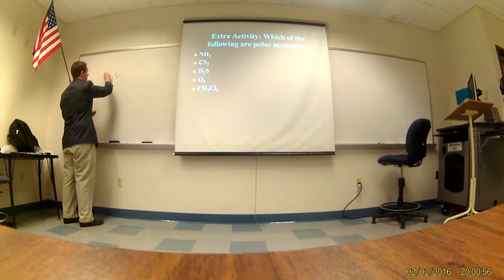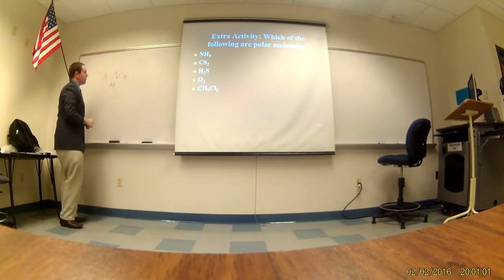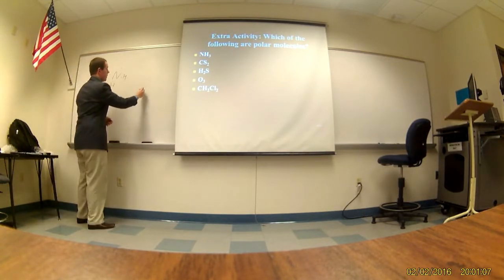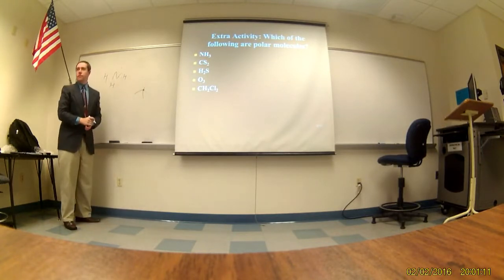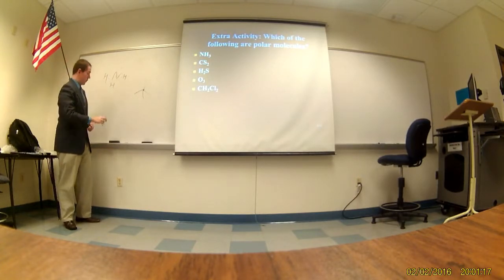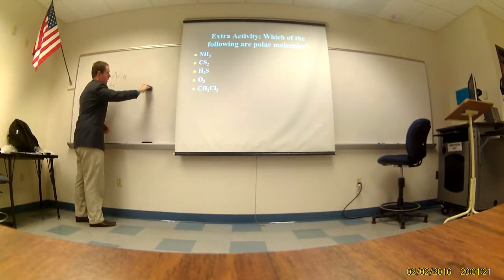We've got NH3 ends up looking like that. That's the parent structure. Tetrahedral. So basically we end up with that. What is the shape? Well, we have one lone pair, so I'm going to erase that.